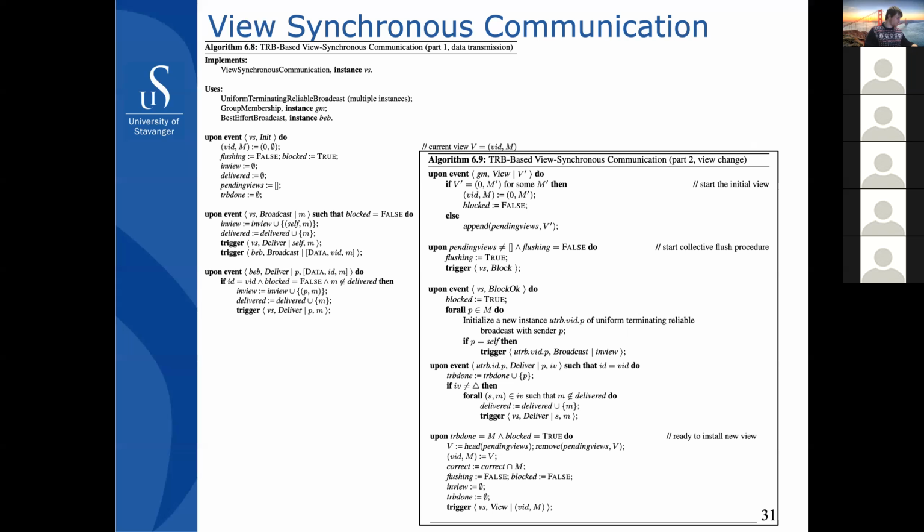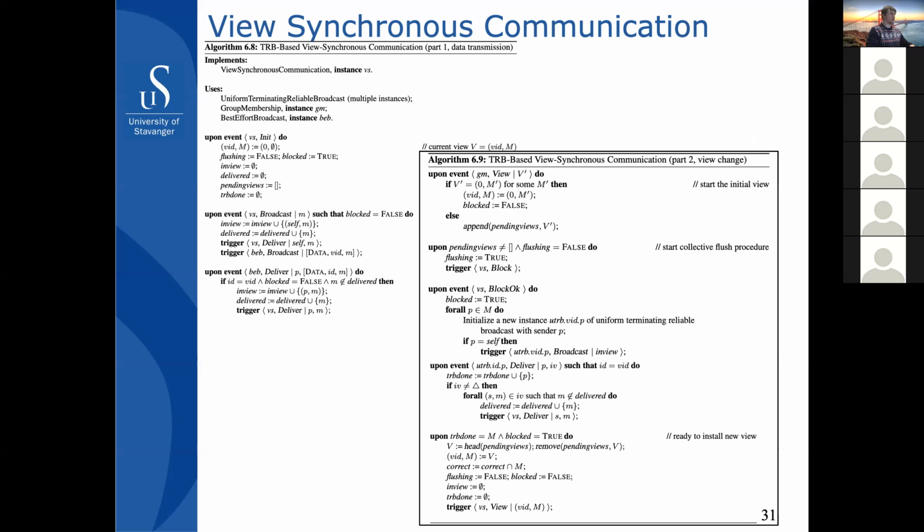I don't think that we need to go into a deep understanding of this particular algorithm, but I would still recommend that you have a look at it yourself.